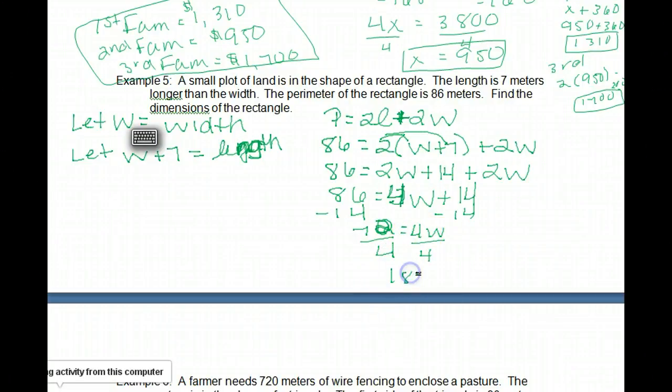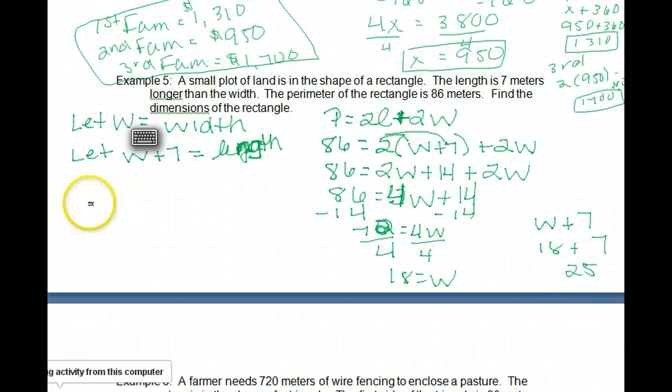18 equals W. That tells us that our width was 18, because looking back at our let statements, W represented width. In order to find the length, we must use the statement W plus 7. So 18 plus 7 gives us 25.